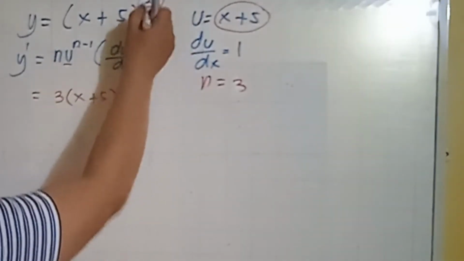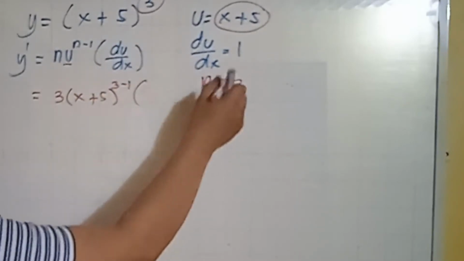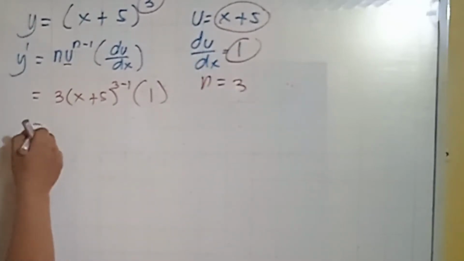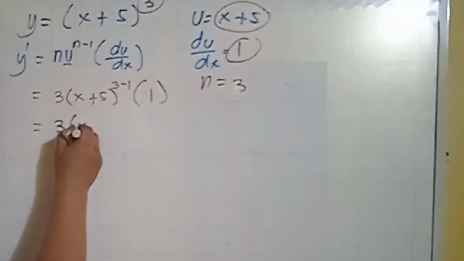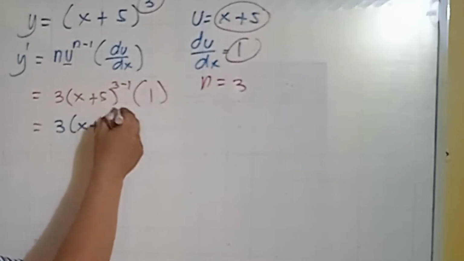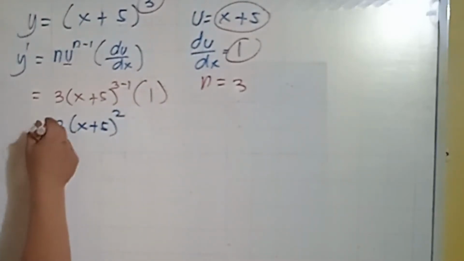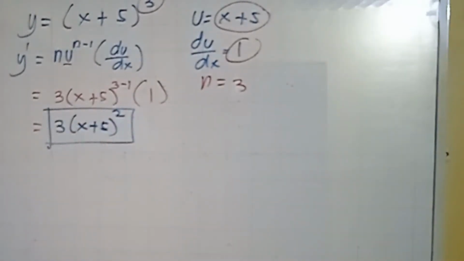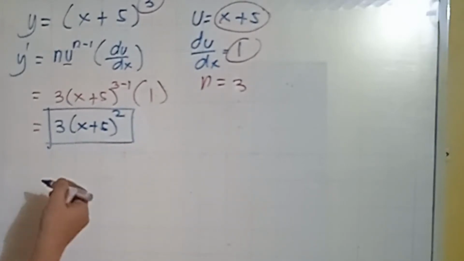N minus 1, 3 minus 1 multiplied by du over dx, 1. So let's simplify. 3 times x plus 5, 3 minus 1, 2, multiplied by 1. So the final answer for this one is 3 times quantity x plus 5 squared.